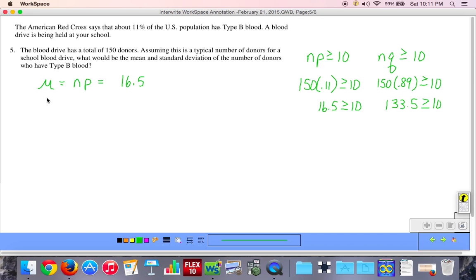Okay, and the standard deviation is given by the square root of npq, which would be the square root of 150 times 0.11 times 0.89.